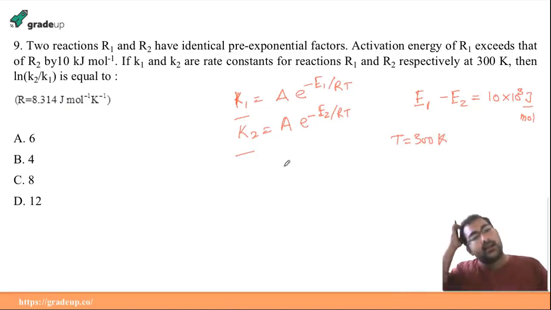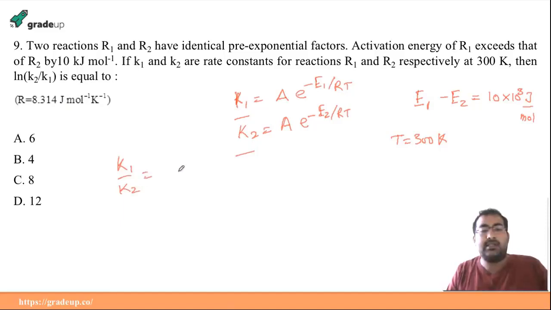Then ln K2 by K1 is. Okay, so we don't need to do anything. We just need to divide. K1 by K2 is equal to, A will be cancelled, e to the power minus E1 minus E2. Oh, okay, so why do this? They ask K2 by K1, right?